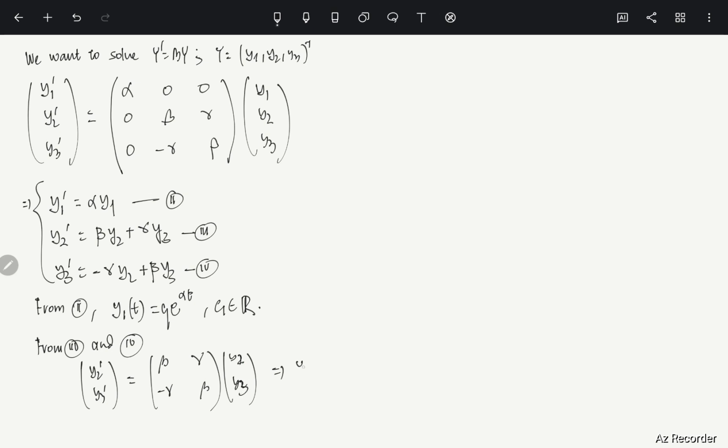So the solution y2, y3 will be e to the power of this matrix. Let's call this matrix C, e to the power C times t. That will be the solution.